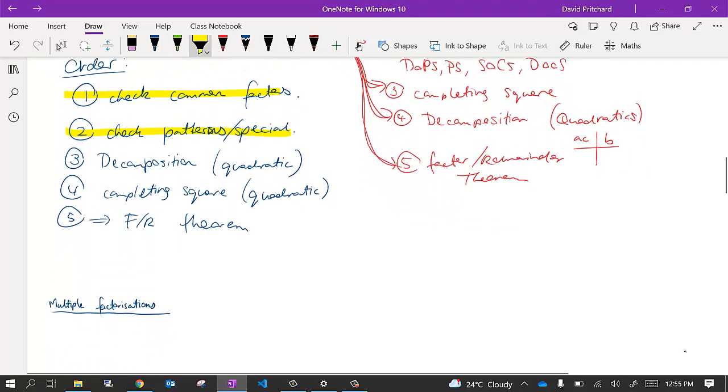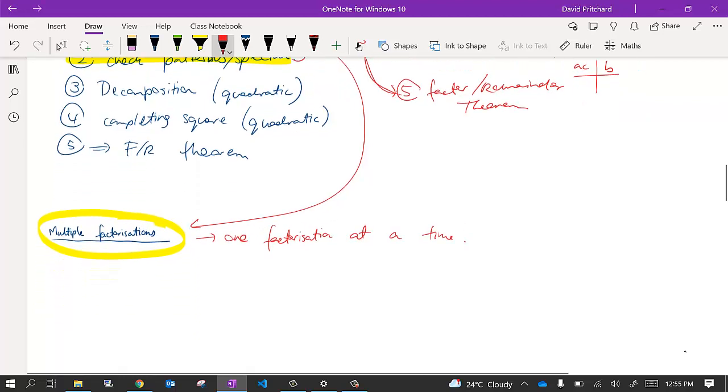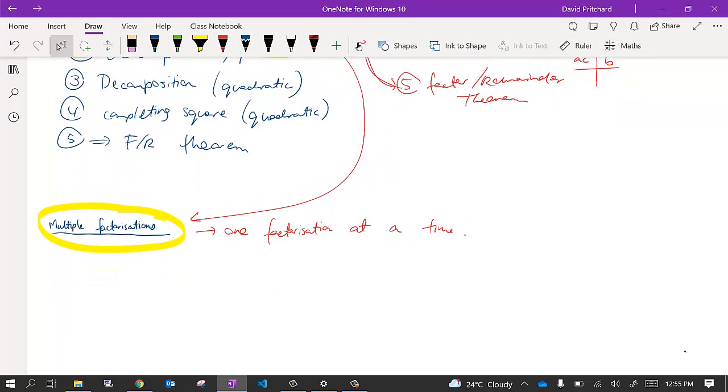This leads us to multiple factorizations. Multiple factorizations happen when you've got something like common factors and then some other pattern. So one factorization at a time. Now, I might really quickly do one of these, and it might be something as simple as trying to factorize 2x cubed minus 18x. So I made this one fairly straightforward. Hopefully you can see straight away that there's a couple of common factors there.